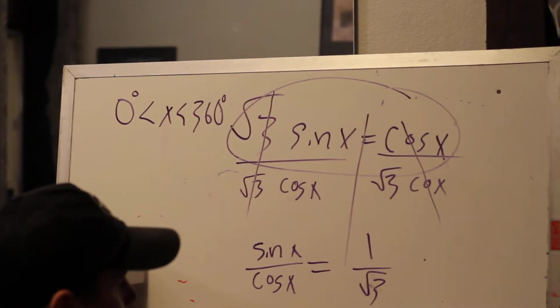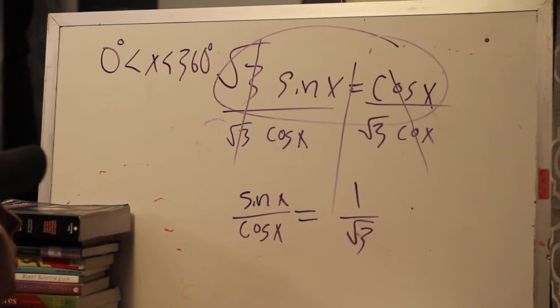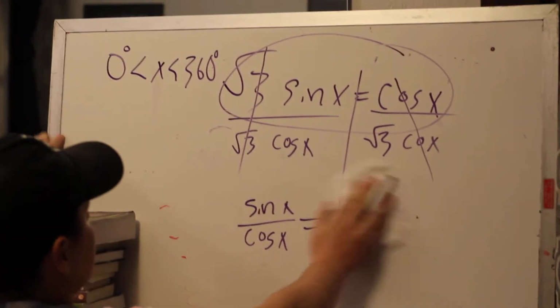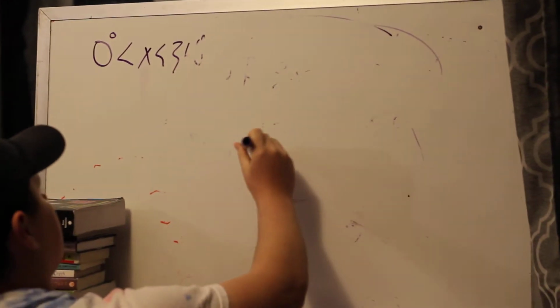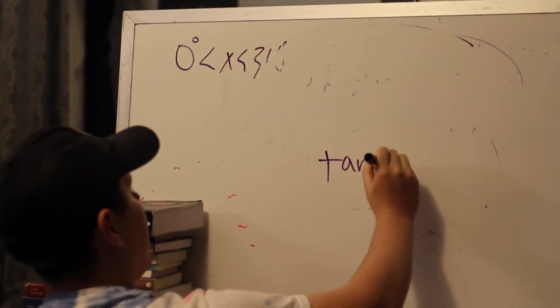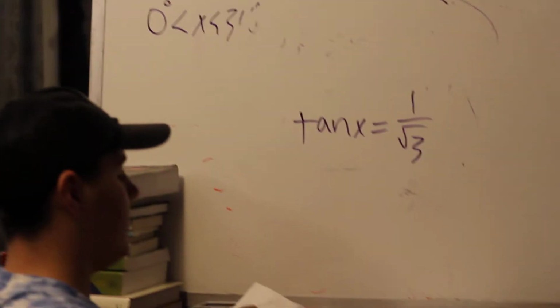If we go into our formula booklet, or based off of previous knowledge, we know sine of x over cosine of x is tangent. So if we rewrite this, tangent of x equals 1 over square root of 3.